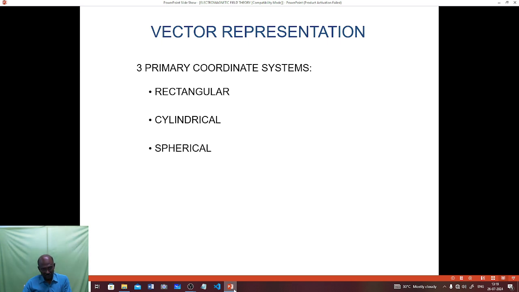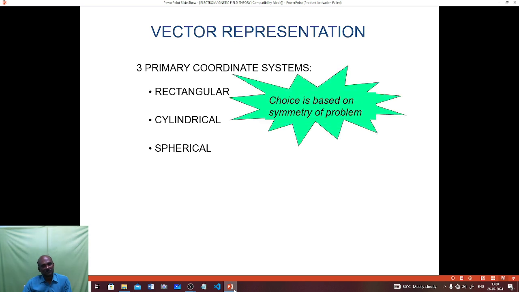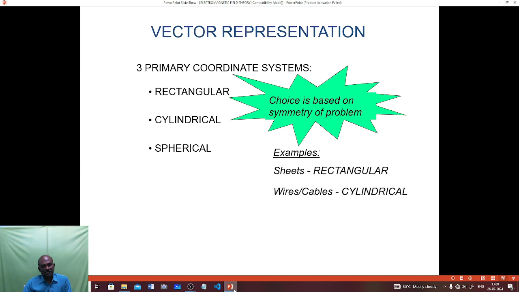To represent a vector system, we use three primary coordinate systems: rectangular, cylindrical and spherical. Rectangular is also known by another name, the Cartesian coordinate system.